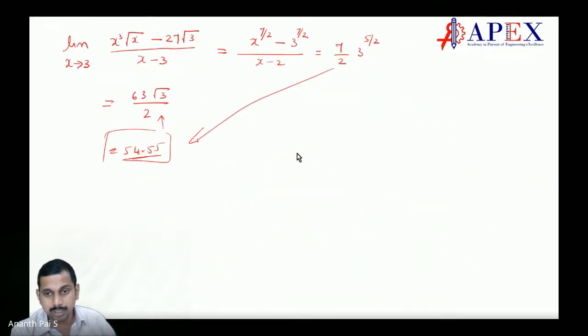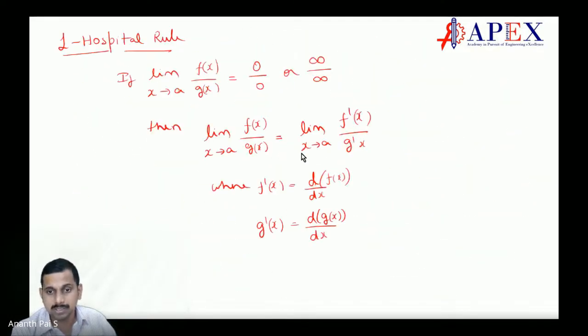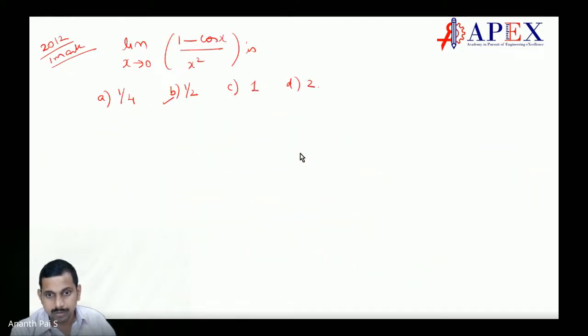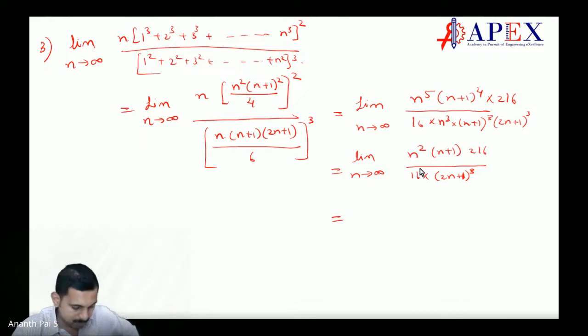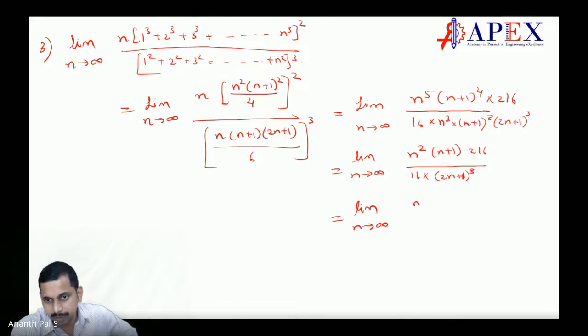It comes to the third category because the degree will remain the same, observe here. So this becomes limit n tending to infinity. Degree is n cube here, and the coefficient is 216 for this, because n cube and this one.